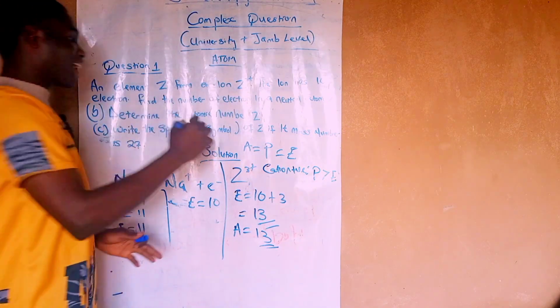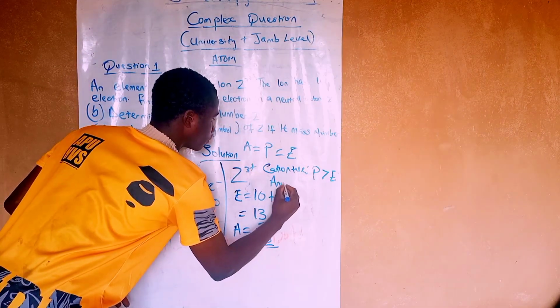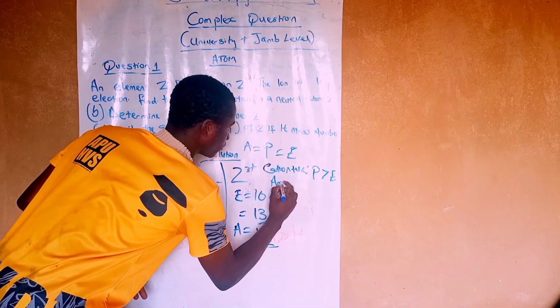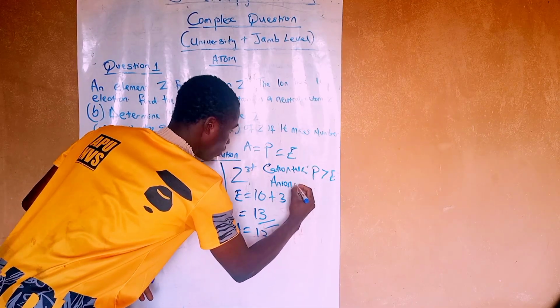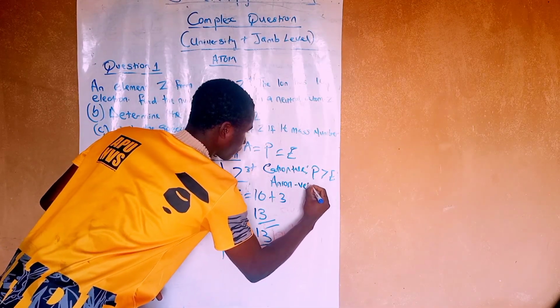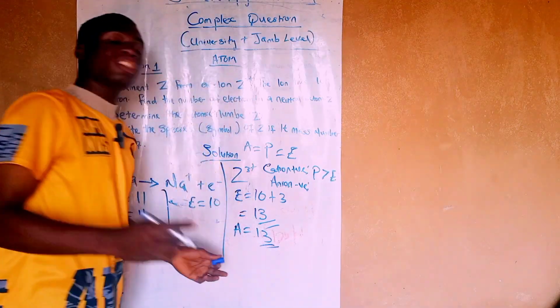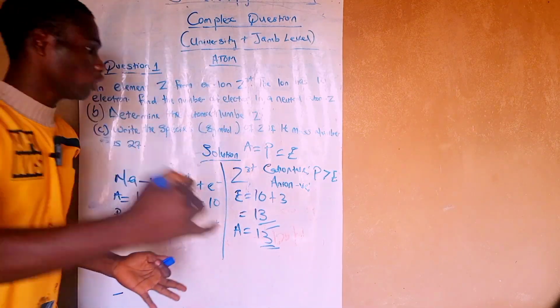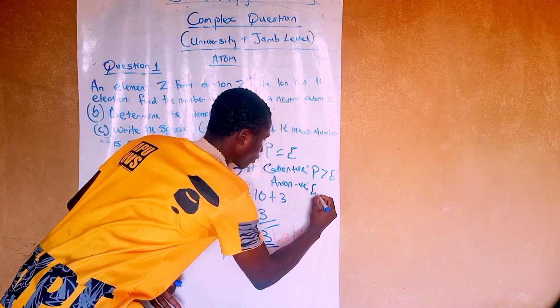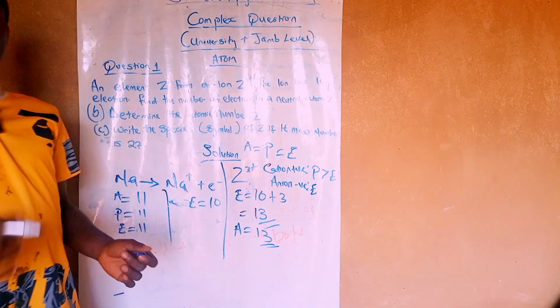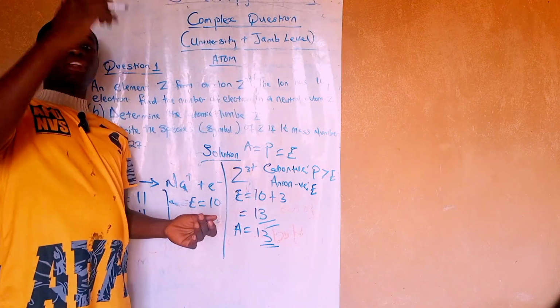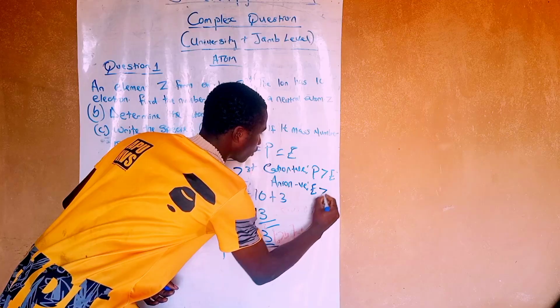But in terms of an anion, which is negative charge, the number of electrons is always greater than the number of protons.